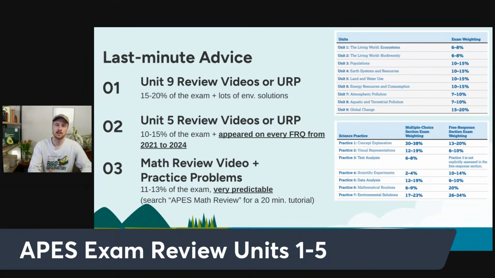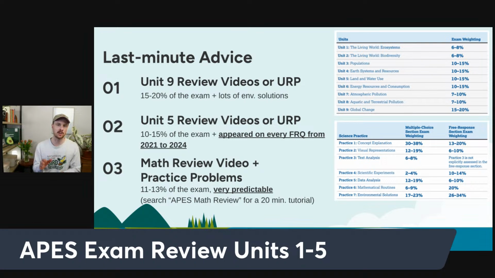So we can see environmental solutions are 17 to 23% of the multiple choice portion, and they're 26 to 34% of the FRQ portion from a skill standpoint. Meaning, if you study Unit 9, you're not only reviewing the content, but you're also reviewing the types of questions, propose a solution to an environmental problem, that you're likely to see on both sections of the exam. So I can't recommend Unit 9 highly enough.